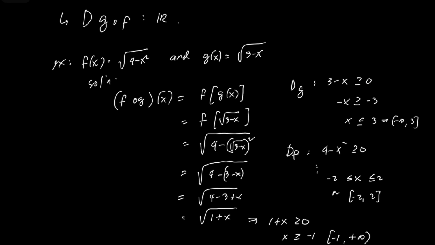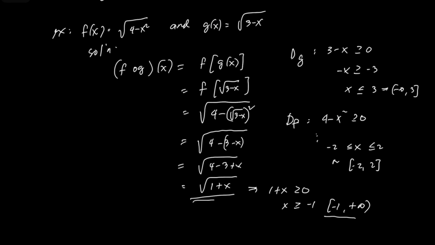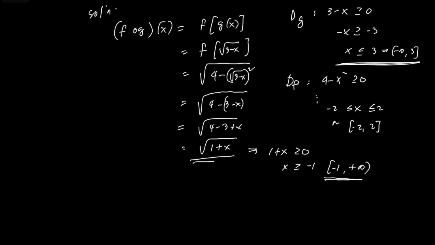This one here is negative infinity to 3. Okay, although the result is from negative 1 to positive infinity, we shall take all the values of x in this interval that are also in the domain of g, which is negative infinity to 3.